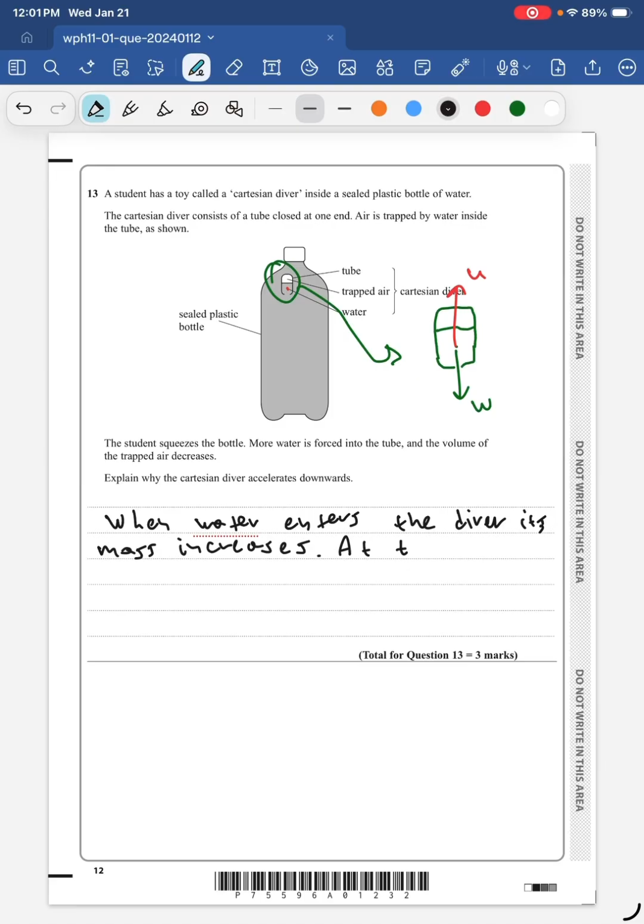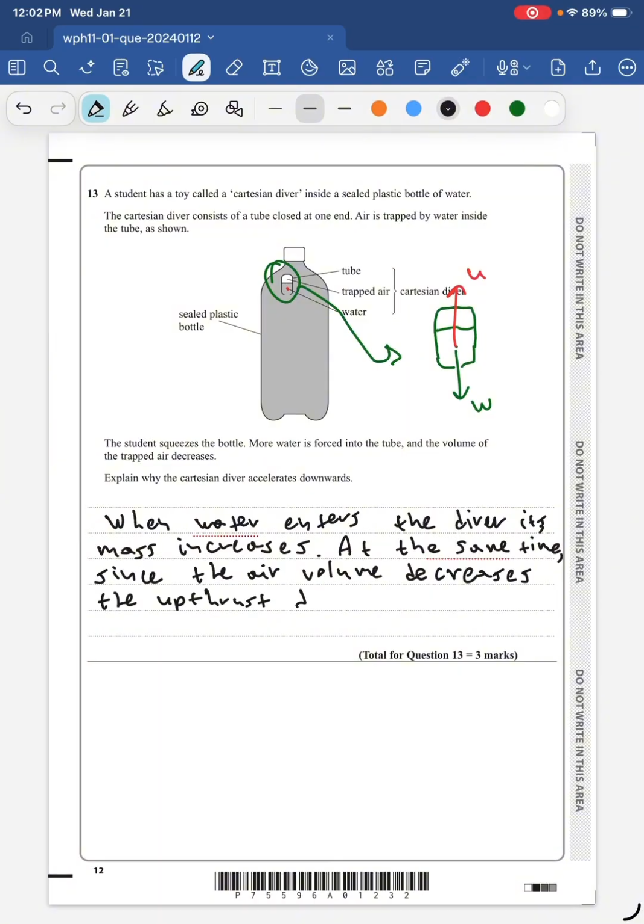At the same time, since the air volume decreases, the upthrust decreases, right?